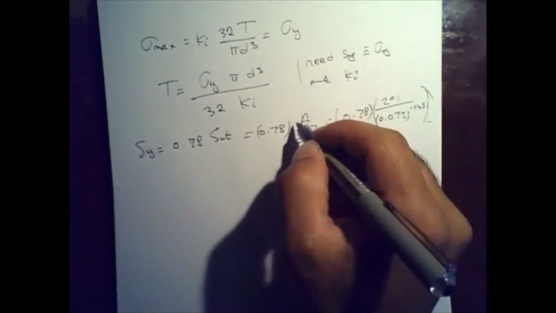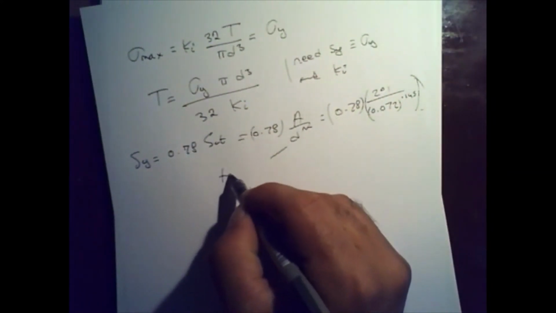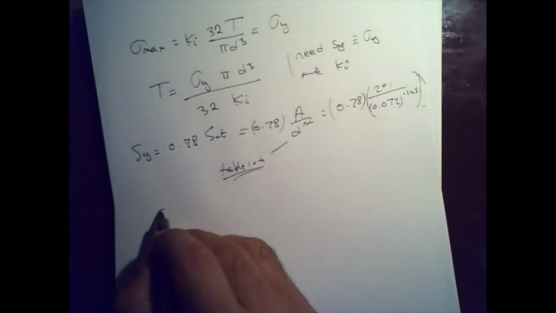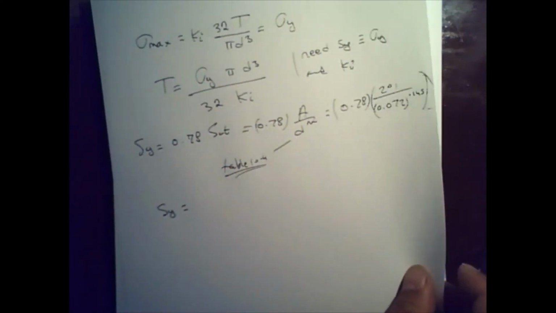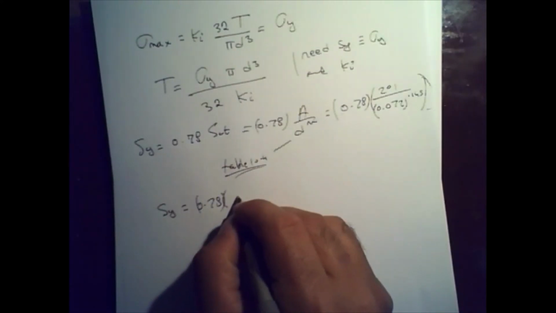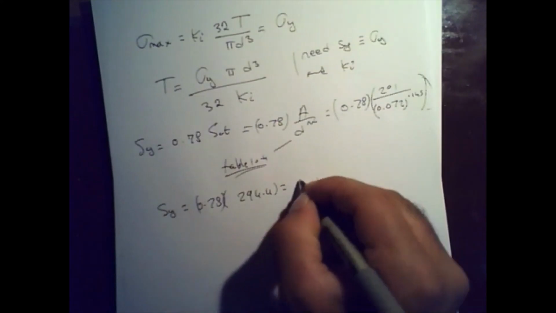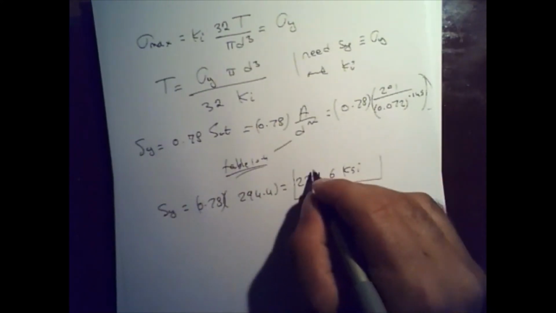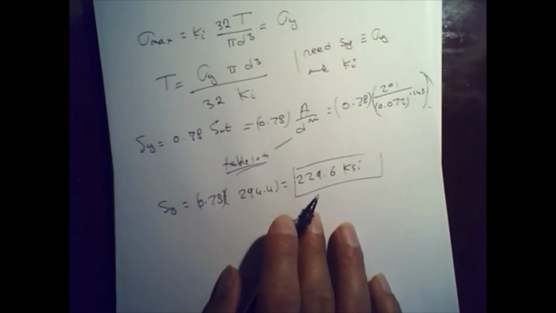This is from table 10.4 in our notes. If you solve, you're going to see that Sy is equal to 0.78 multiplied by 294.4, which is 229.6 KSI. Okay, so we got Sy, and we still need to find Ki.